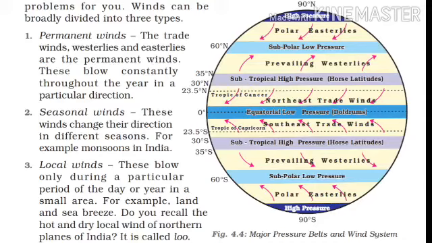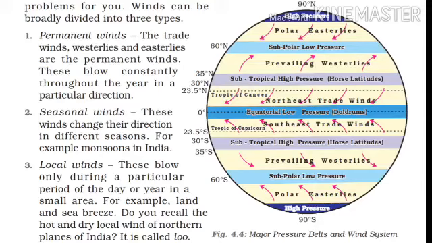The trade winds blow from the subtropical high pressure belts to the equatorial low pressure belt. So from which belt to which belt do trade winds blow? The trade winds blow from the subtropical high pressure belts to the equatorial low pressure belt.